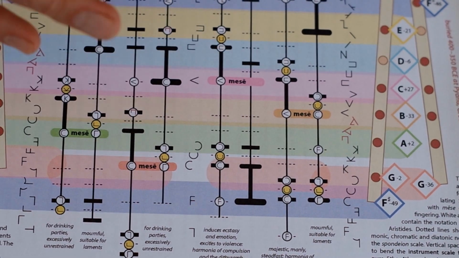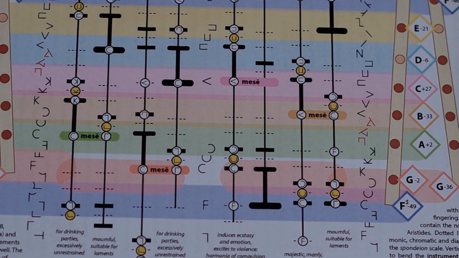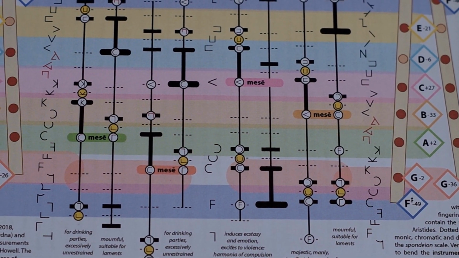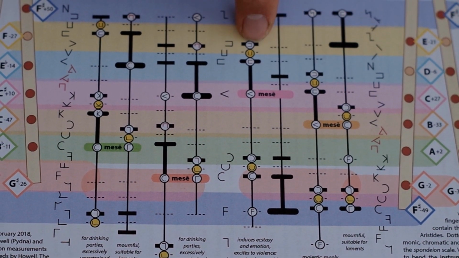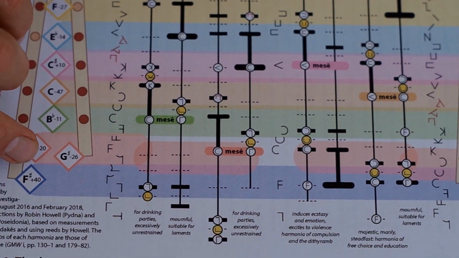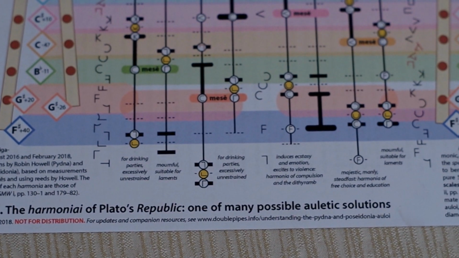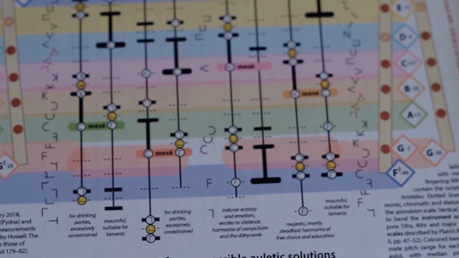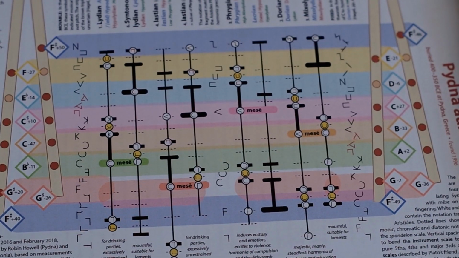So what this diagram does for me as an aulos player is it predicts how much embouchure manipulation I would need in each of the Aristides scales. I can see visually the instrument scale in the horizontal bands, and the Aristides scale with Archytas or pure tuning on the vertical bands.